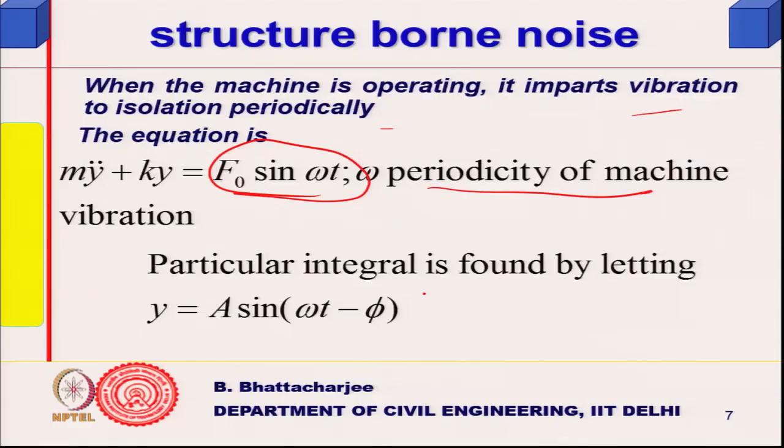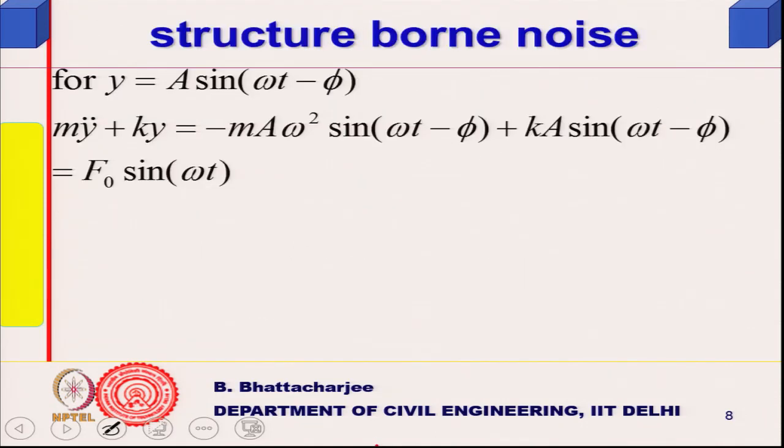So, you can find out the solution of this equation by putting y equals a sin omega t minus phi, because there will be a phase difference. This is how we find solutions of such differential equations. If I put y equals a sin omega t minus phi, y double dot would be sin again back with a minus sign and omega square.